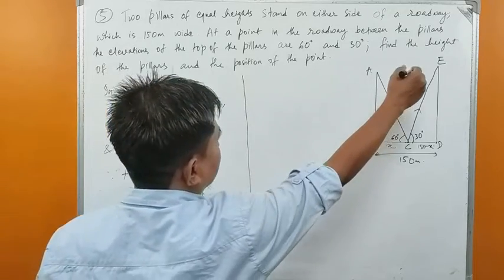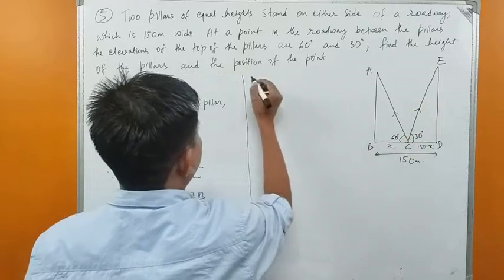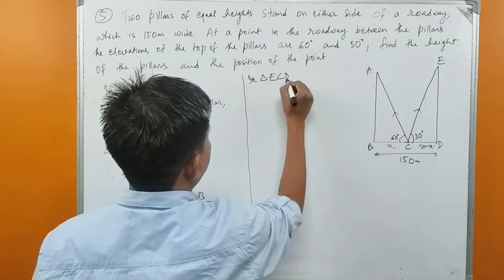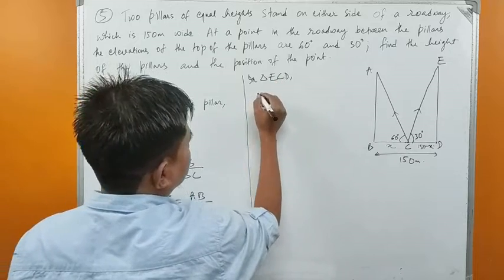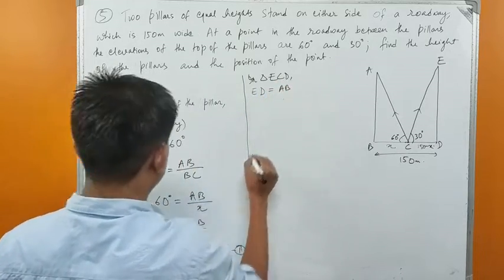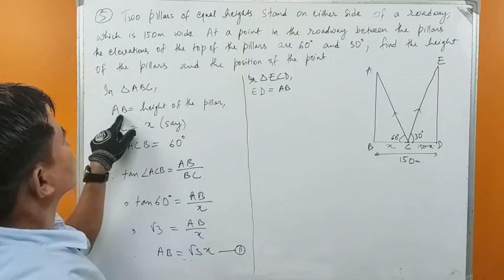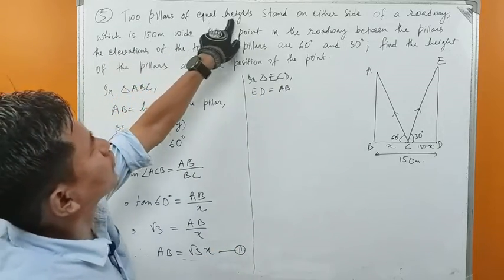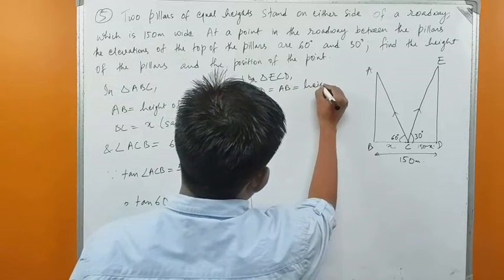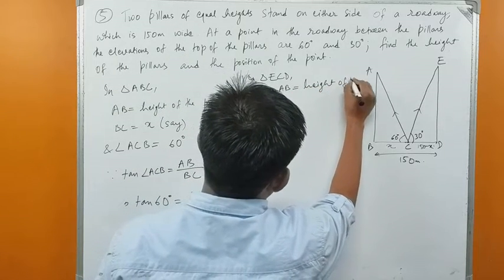So from triangle ECD, another triangle, we have ED equal to AB, because the two pillars are of equal heights. ED equals AB equals the height of the pillar.